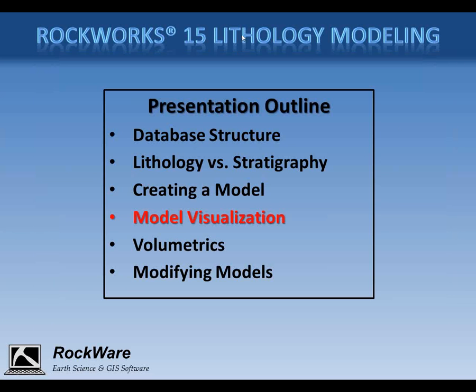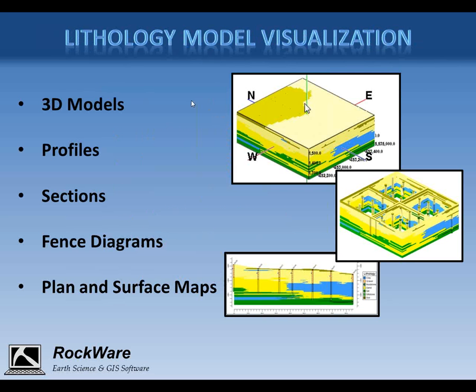Okay, let's go back to the outline and talk a little bit about some of the model visualization. Here are some examples. You've probably seen them before, but these are some of the ones I'm going to talk about. We have three-dimensional models like this rectangular solid here that show our lithologies in different colors.